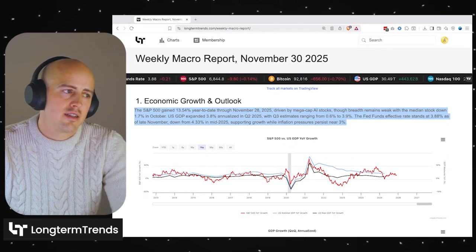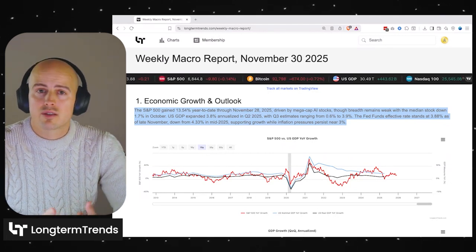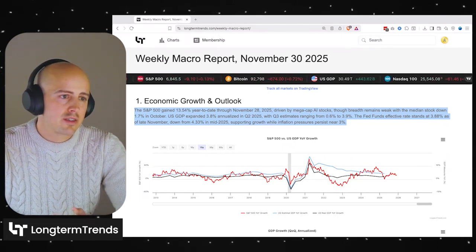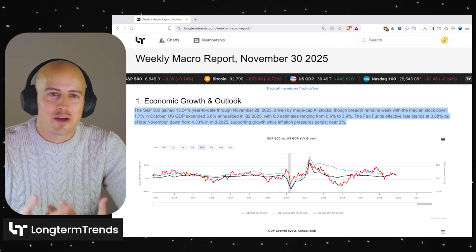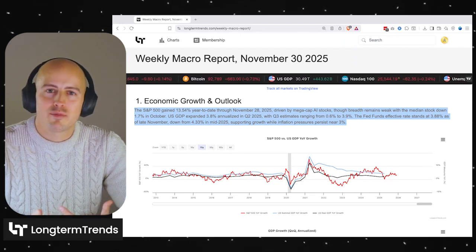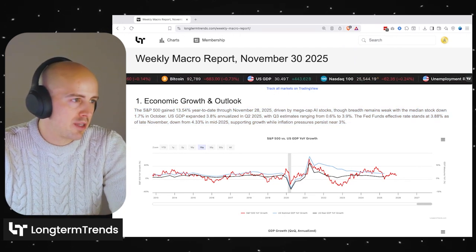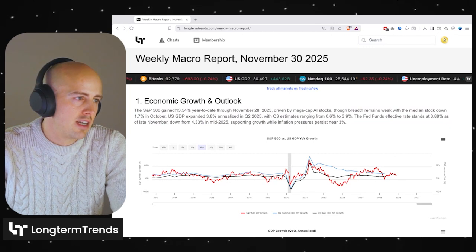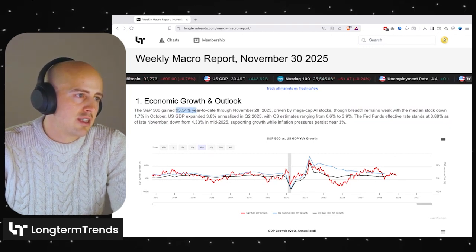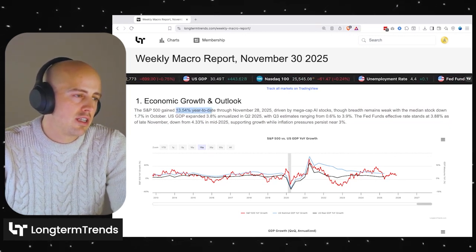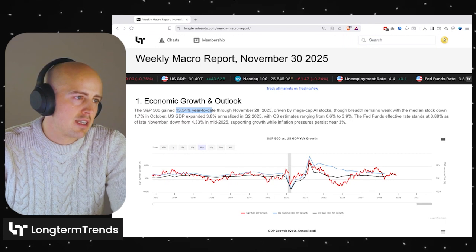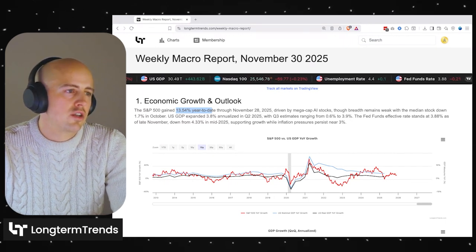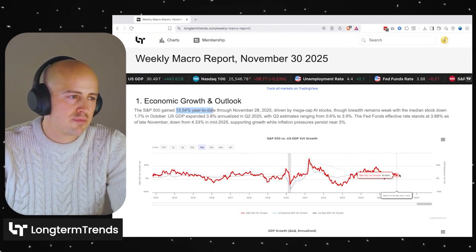And the paragraphs are really good in my opinion. I'm really happy with them because they accurately describe week by week what's happening in those charts. So for example, here in this first paragraph it describes a year-to-date 13.5% return for the S&P 500.